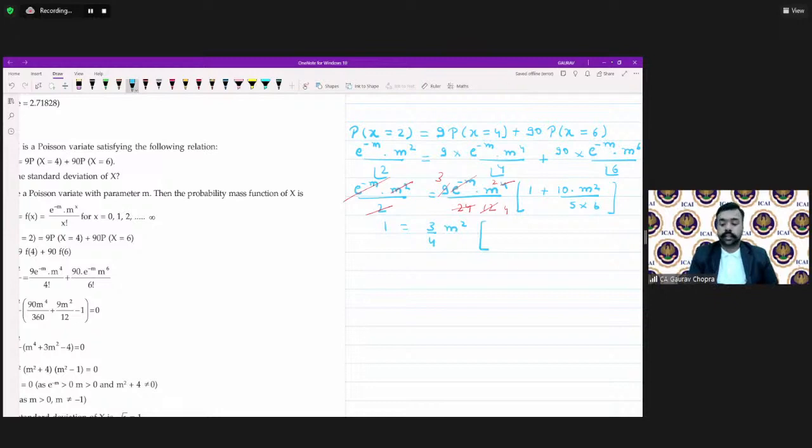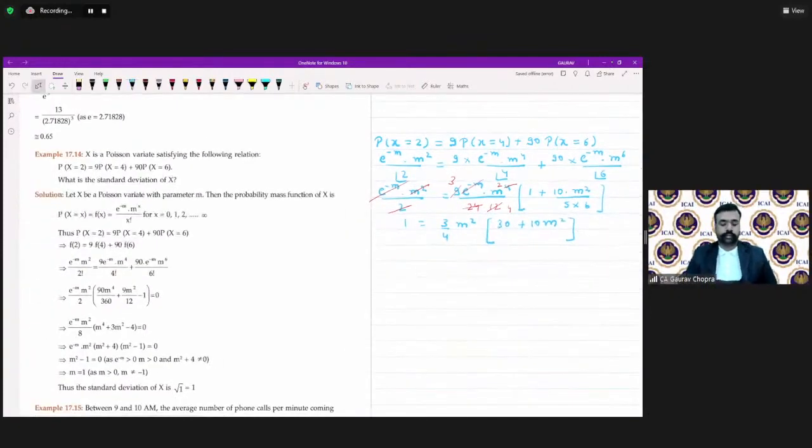Inside there is 30 plus 10 m square. Okay. Now you can take cross multiplication and prepare the equation and solve now. All right. It's now easy for you to solve.